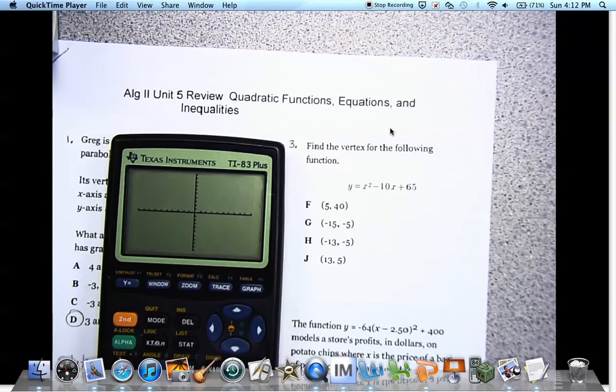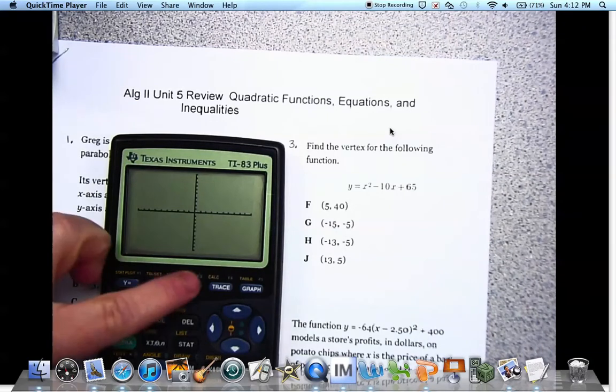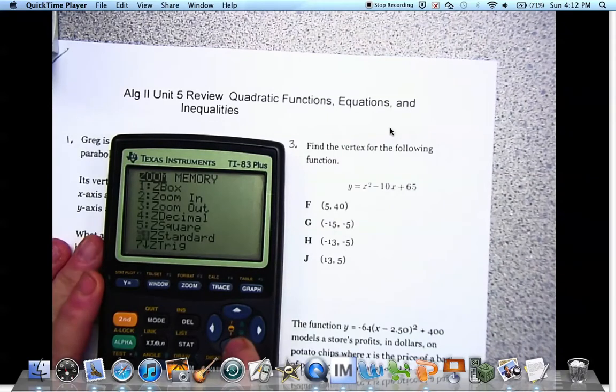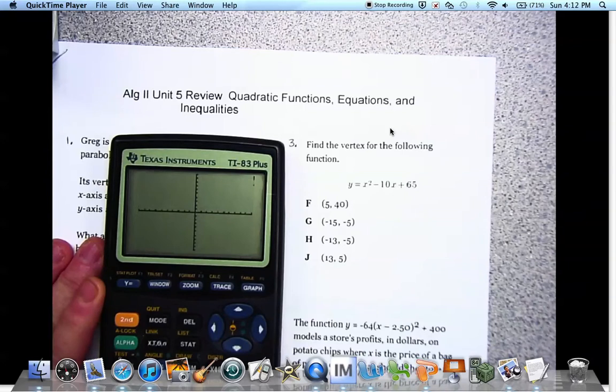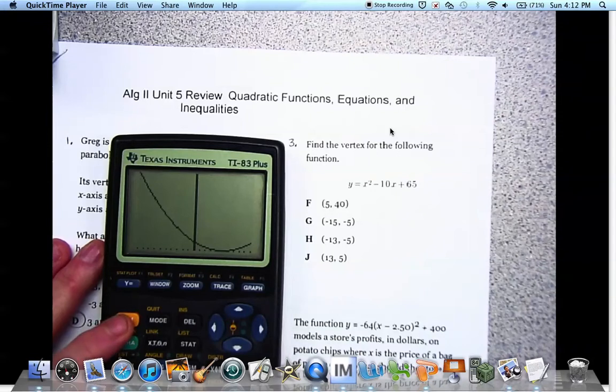We cannot see this anywhere, so try zoom fit, which is zoom 0. We go to zoom and scroll down to zoom fit. Okay, and there is our vertex. It's going like this.